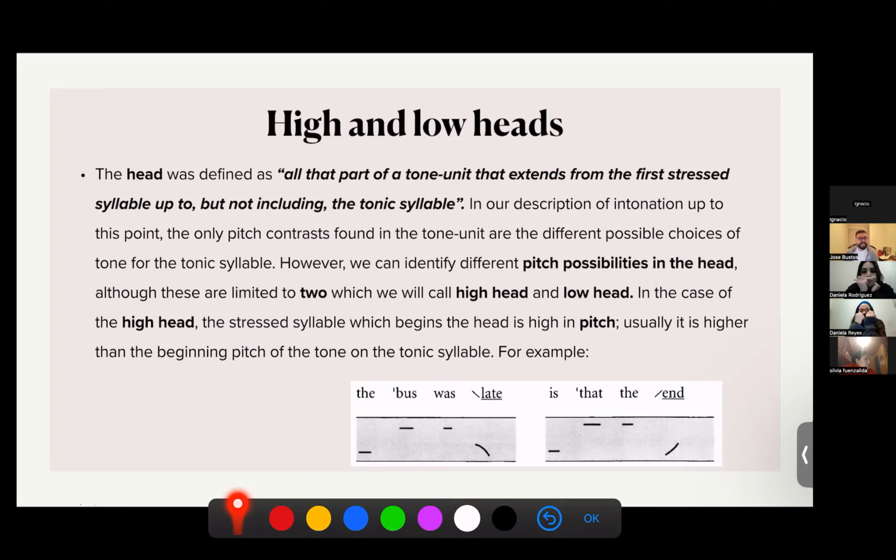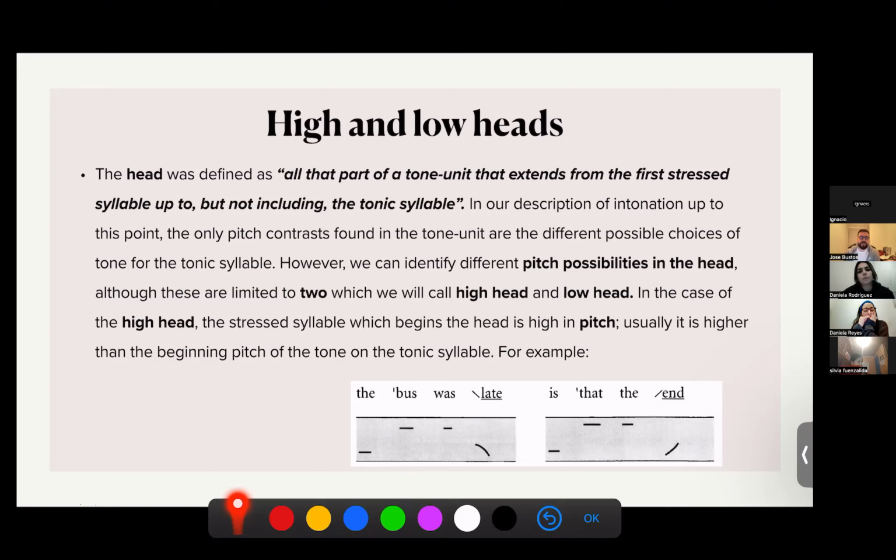We were studying the tail, but now we are going to focus on the head. These are limited to two, which we will call high head and low head.